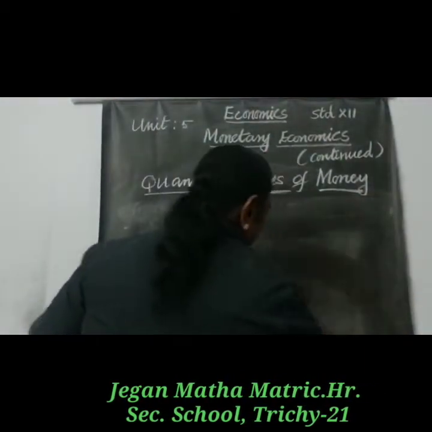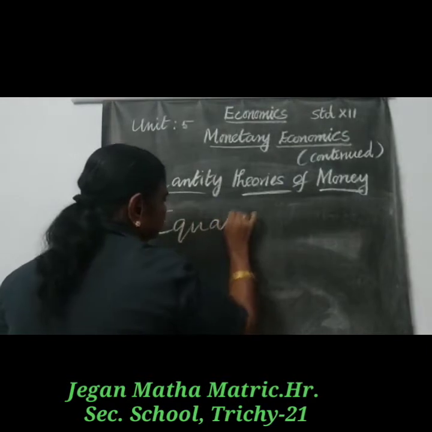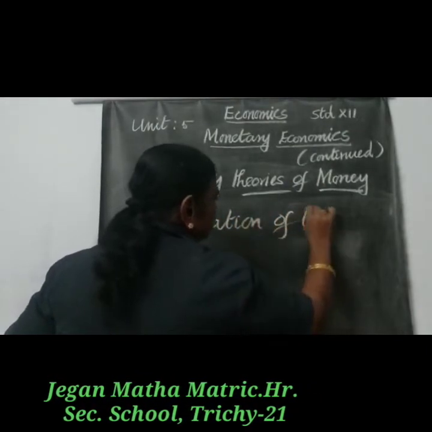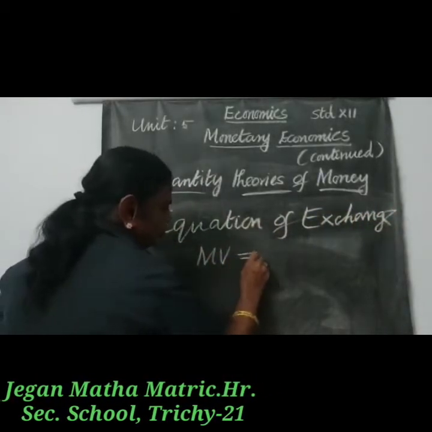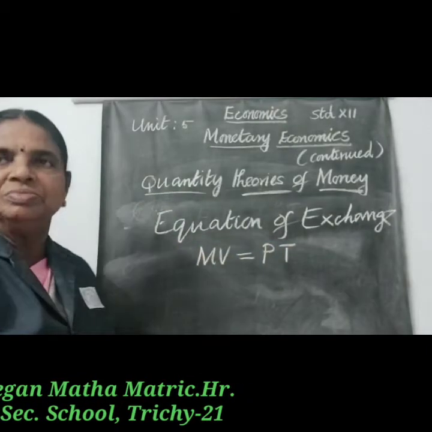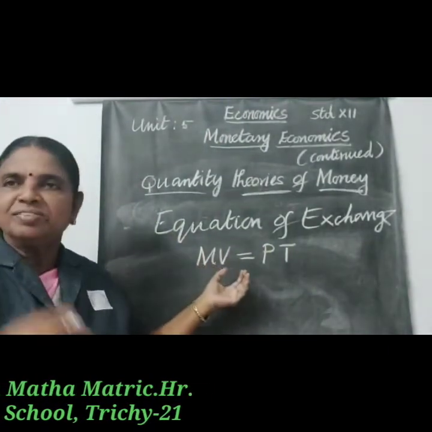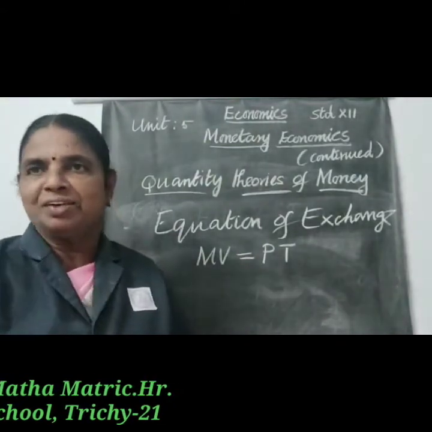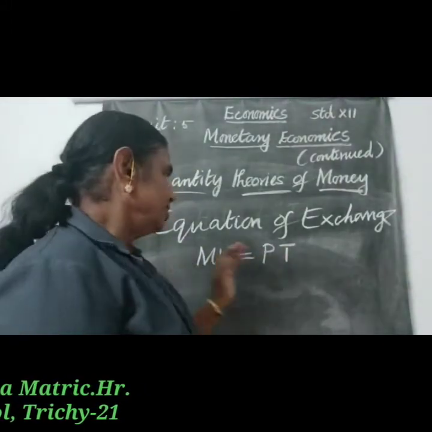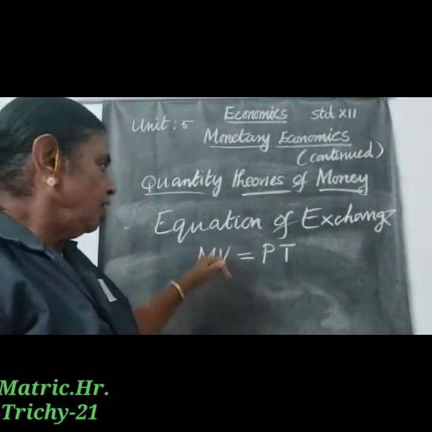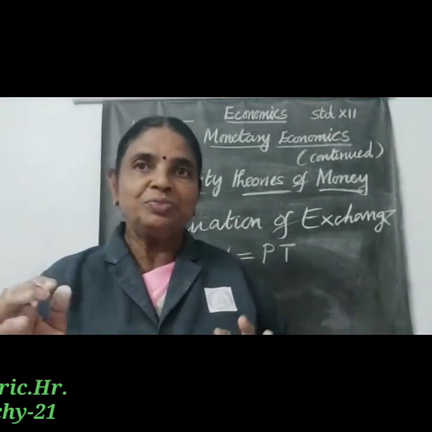Here M is the money supply or quantity of money, V is the velocity of money, P is the price level, and T is the volume of transaction.